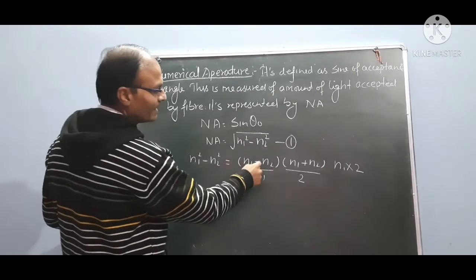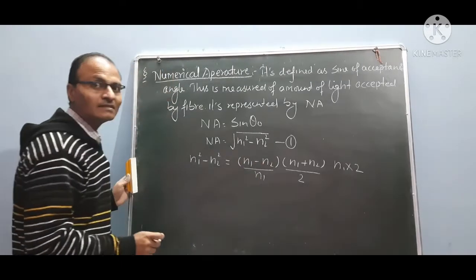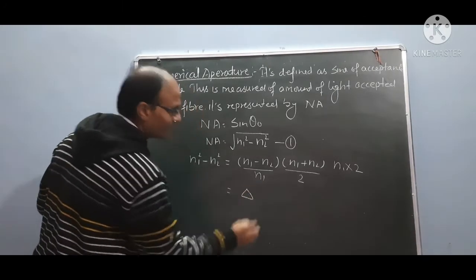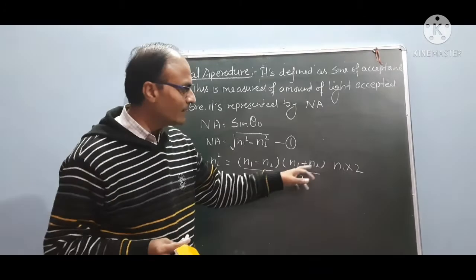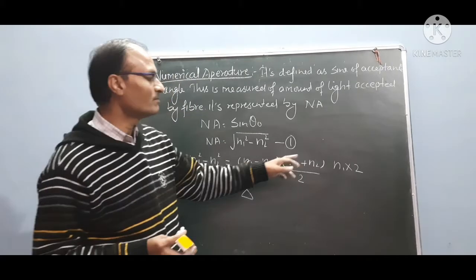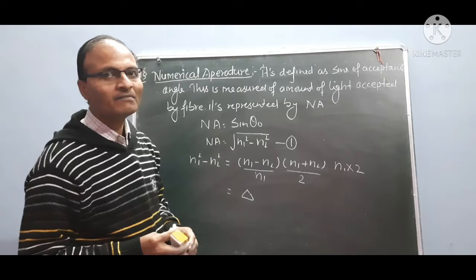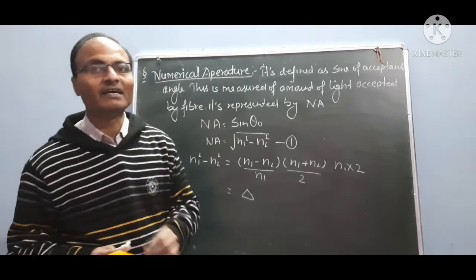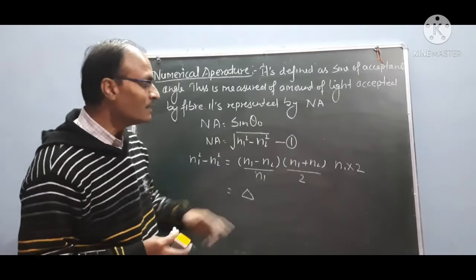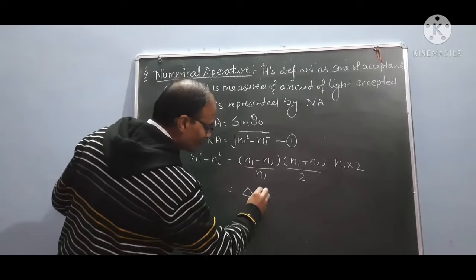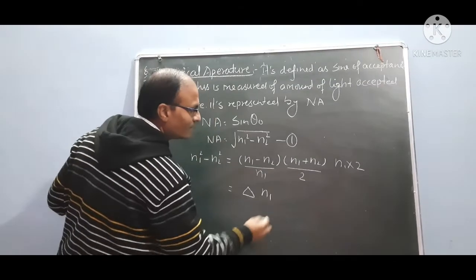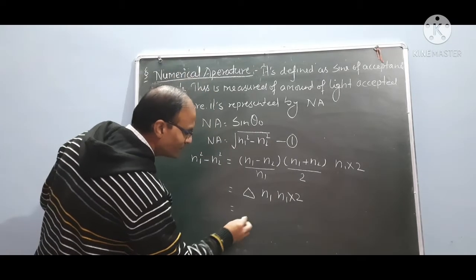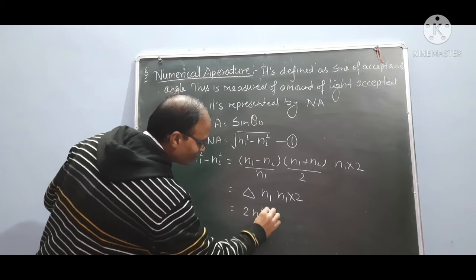Because n1 minus n2 upon n1 is the relative refractive index difference, so this is called delta. And n1 plus n2 by 2 is the average value of n1 and n2. Because the core value is always greater than the cladding value, the value is near the core value, so it becomes n1 and n1 into 2. So the total value is 2 n1 square delta.